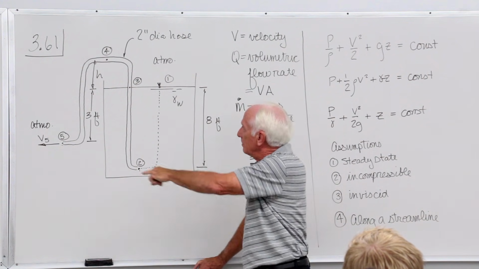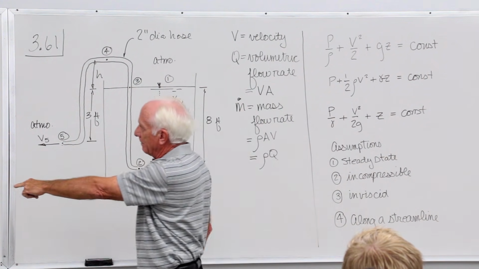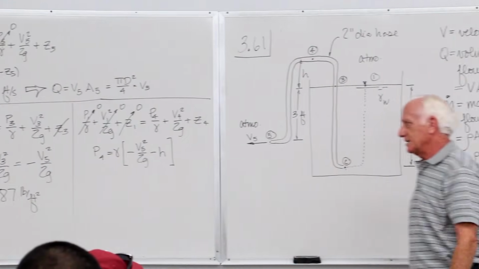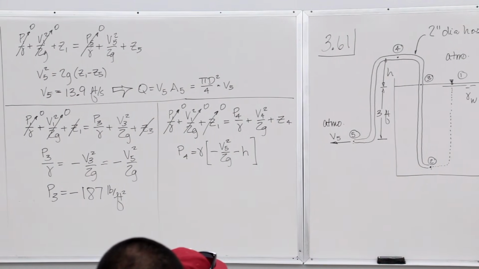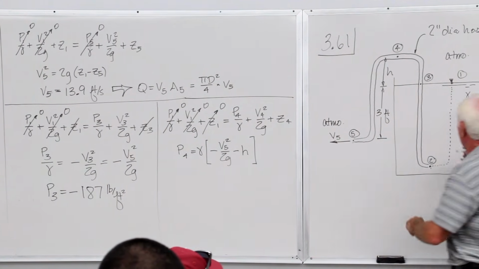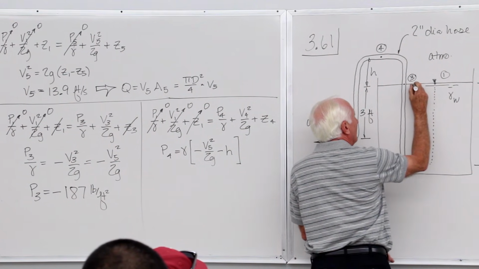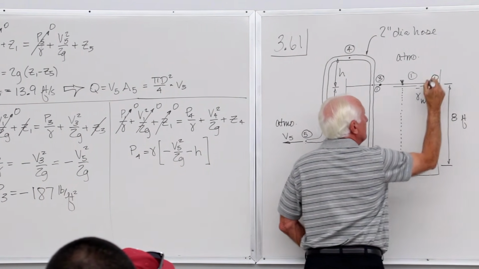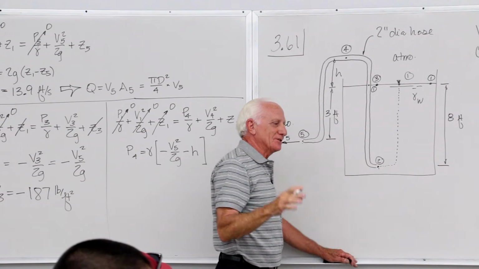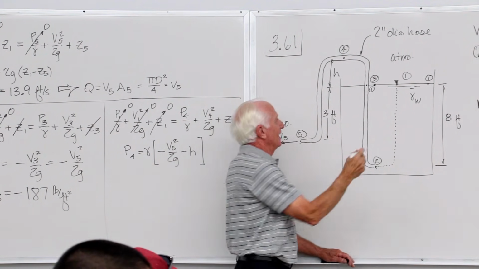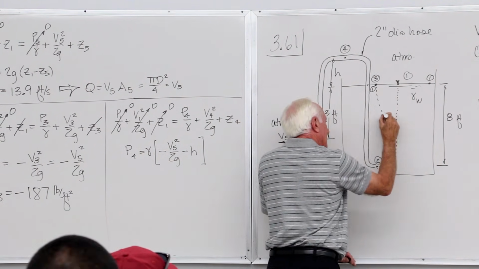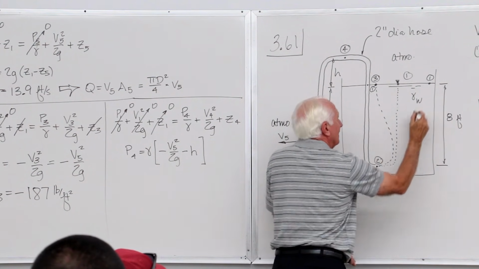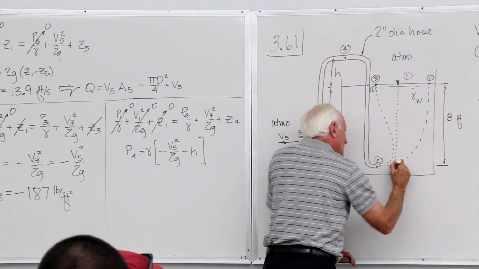Compare P1 to P3, minus 187; they're different. Okay, what if I put my point 1 here, or what if I put my point 1 there? Does it matter where on the free surface I put my point? No, because they all are going to go down there like that. So it doesn't matter where you put your point.